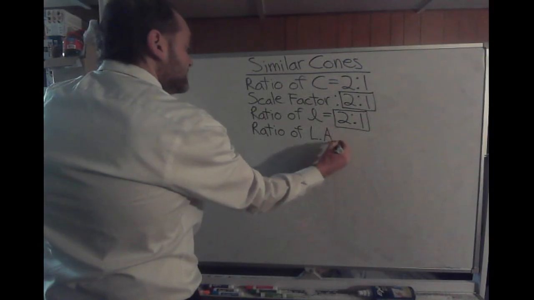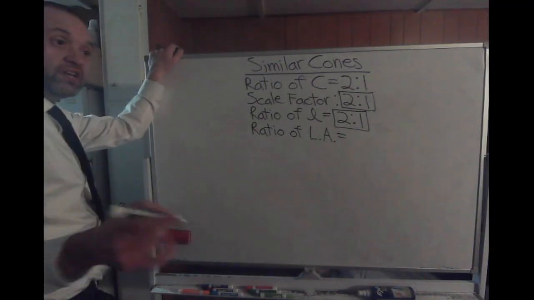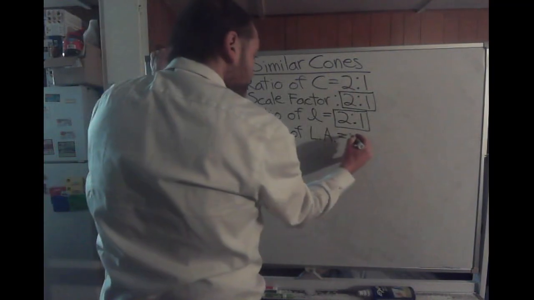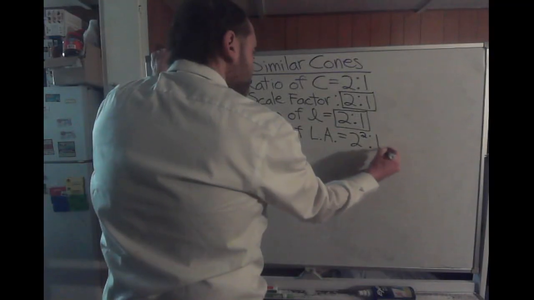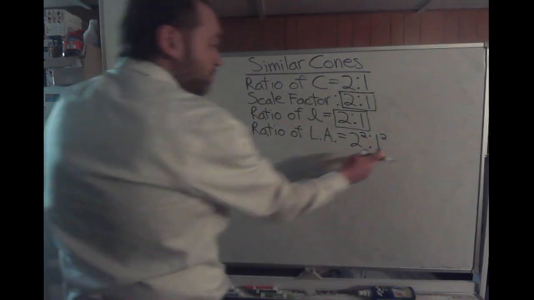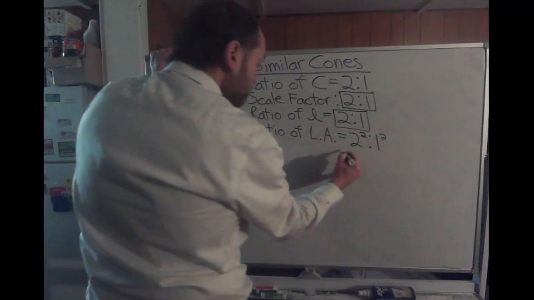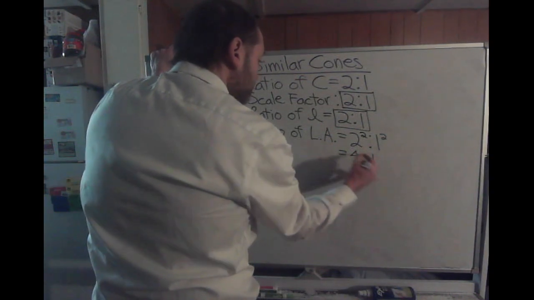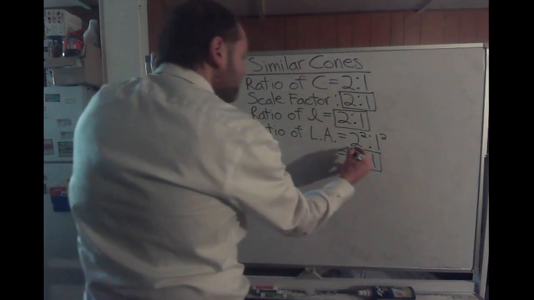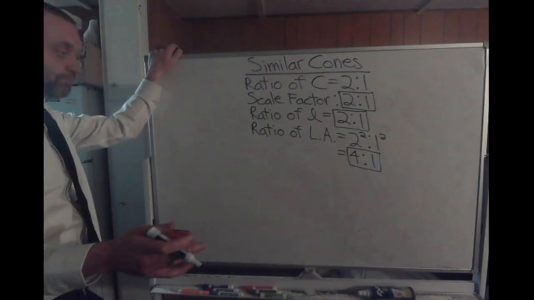Now we're moving into area, so to find the ratio of those, you take each part of your ratio, raise it to the second power. So it would be in the ratio of 2 to the second power to 1 to the second power, which would simply be 4 to 1. So the ratio of the lateral areas would end up being 4 to 1.